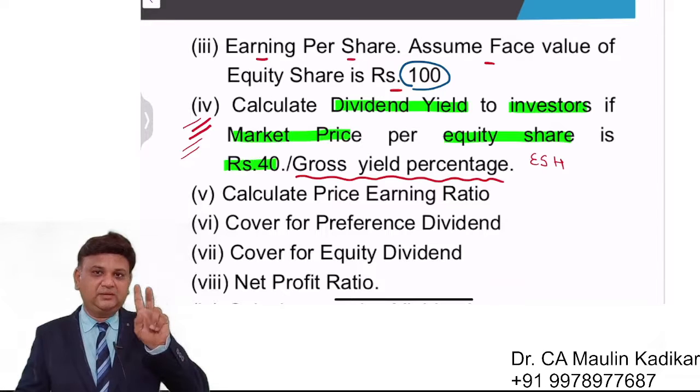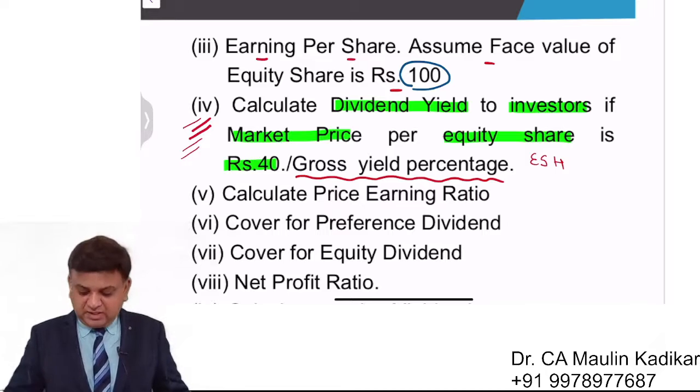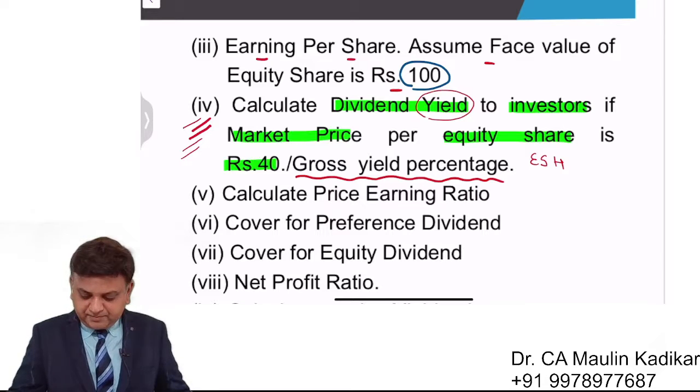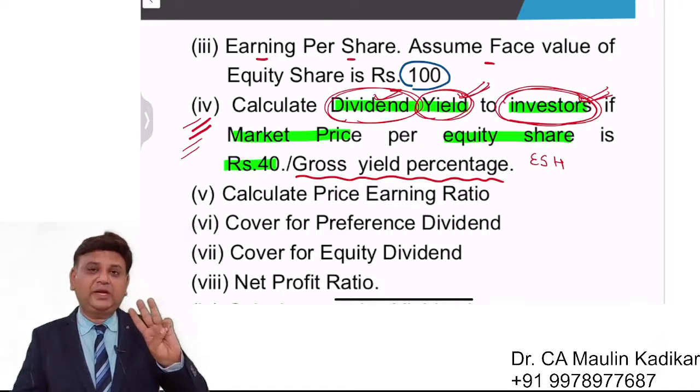That is the first thing. Second, this answer is required to be calculated in terms of return to equity shareholders for the dividend income. That is what we are required to calculate over here.